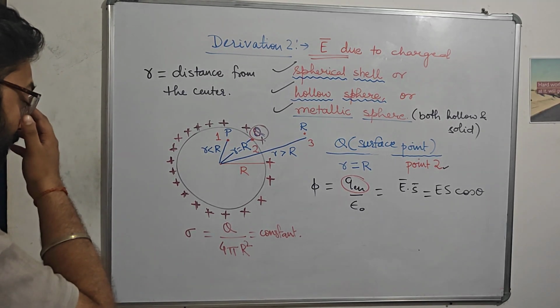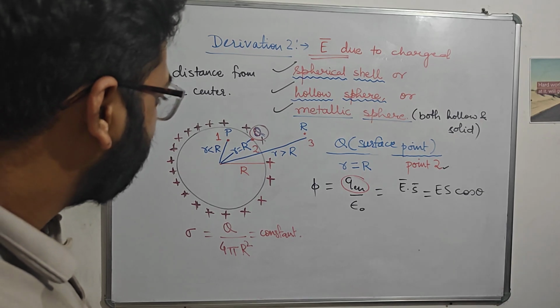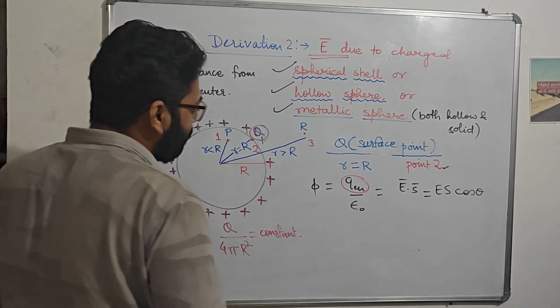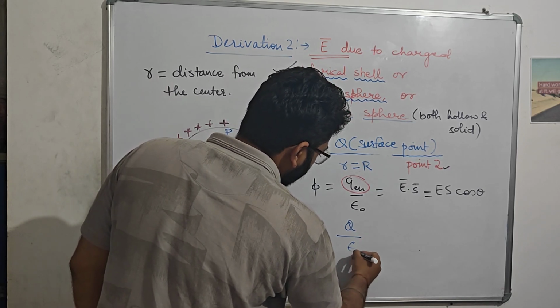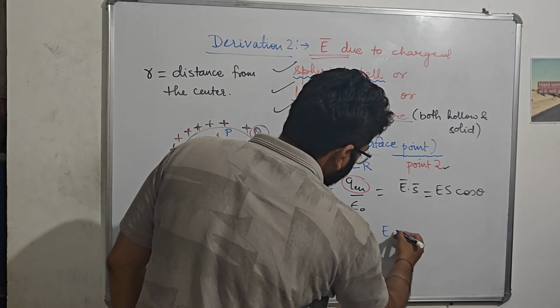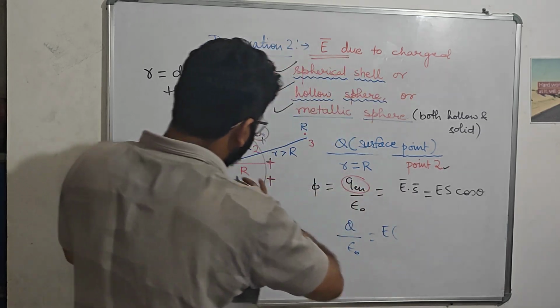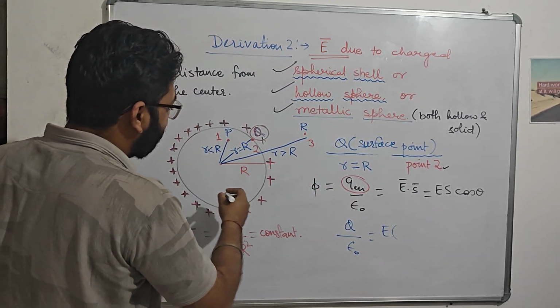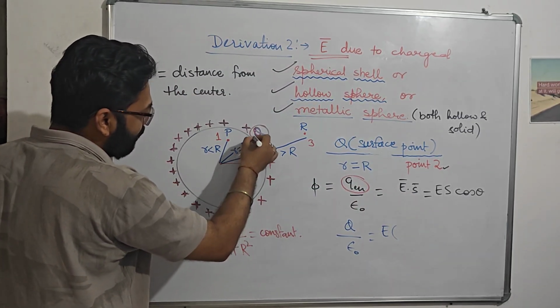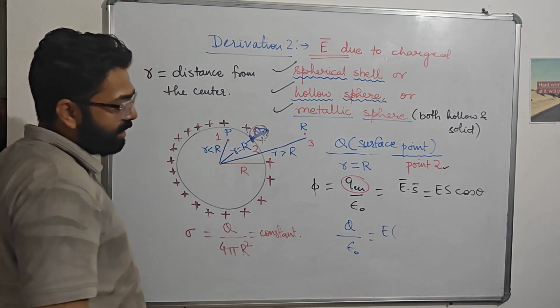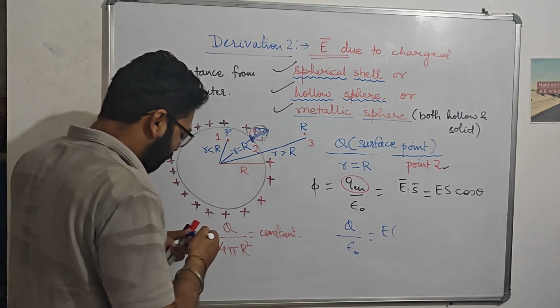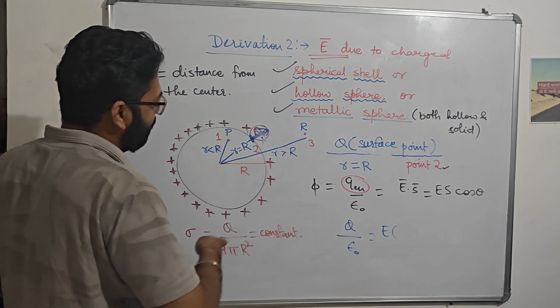Okay, now let us talk about the expressions. So here, charge enclosed is Q upon epsilon naught, and here is E, and S is the entire surface, because at this particular point the area vector is this side, and the electric field is also radially outward.